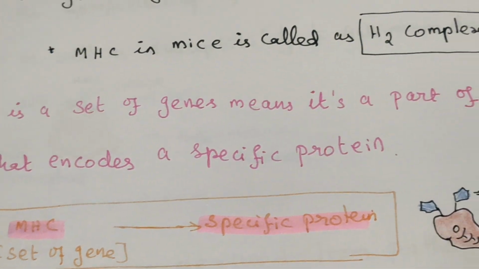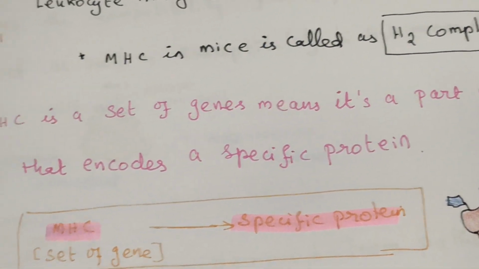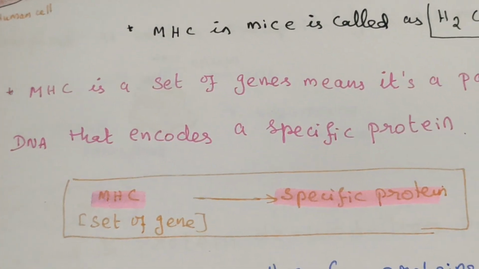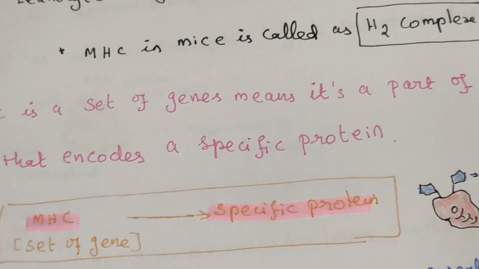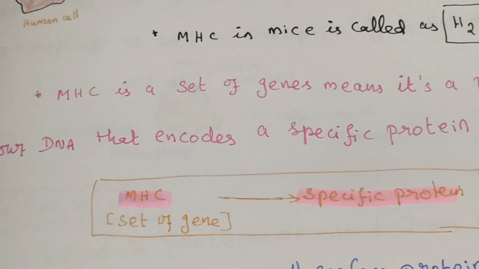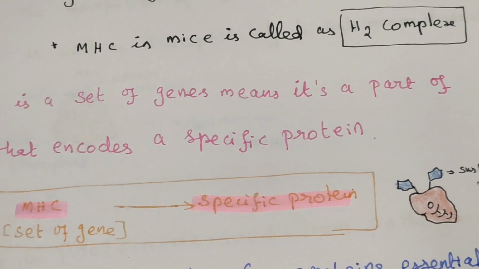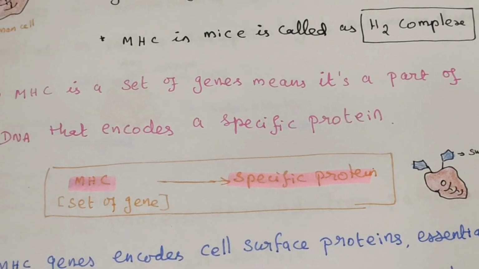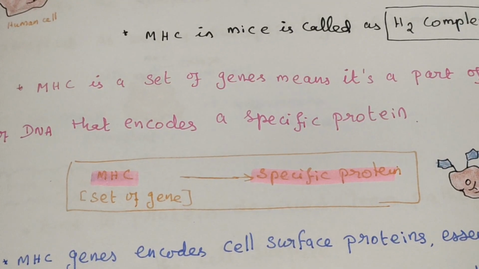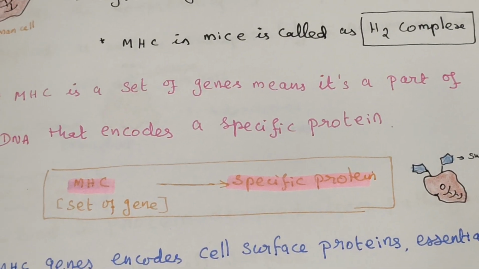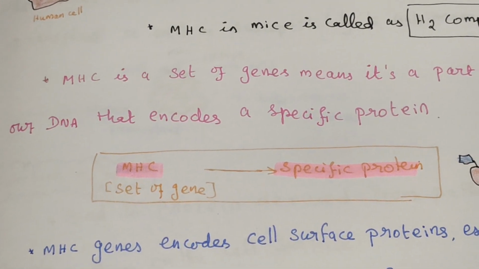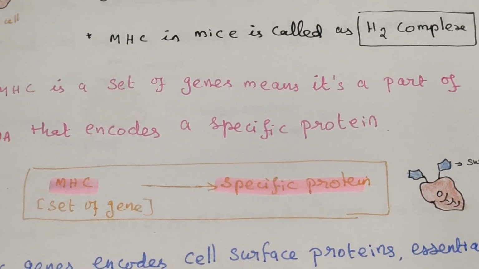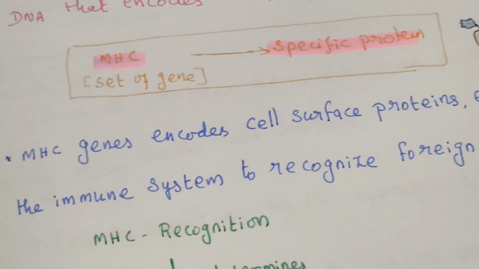MHC is a set of genes, which means it is a part of our DNA that encodes specific proteins.